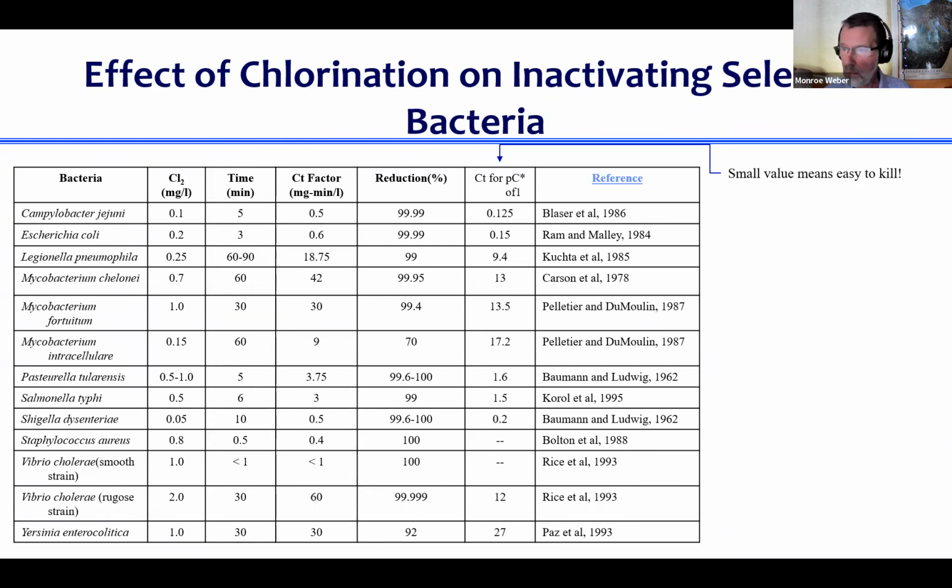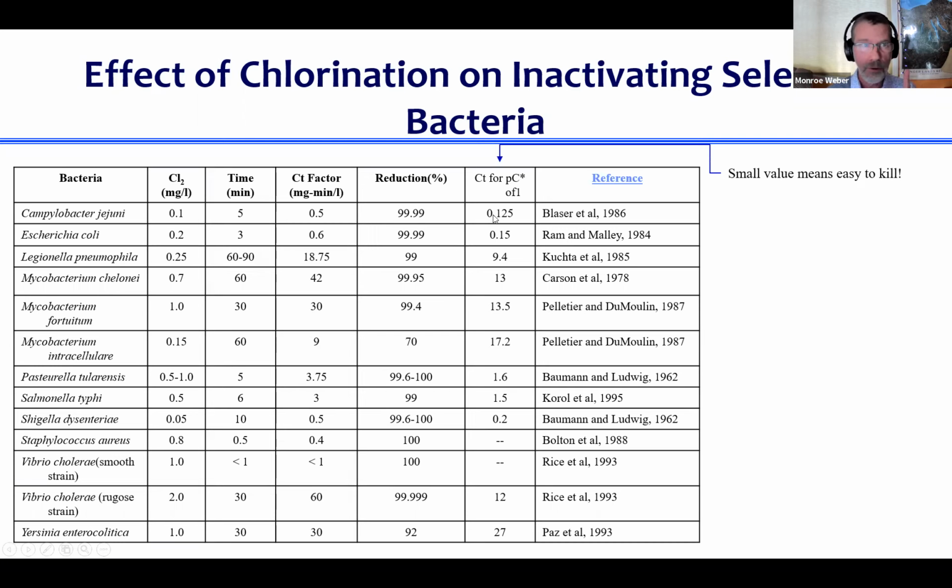Which means that if you had just this low concentration of 0.125 milligrams per liter for 1 minute, that would kill 90% of that Campylobacter. 0.1 milligrams per liter of chlorine is a very reasonable dose. That means that Campylobacter is easily killed by chlorinating, assuming that you can maintain a chlorine dose there for a minute.